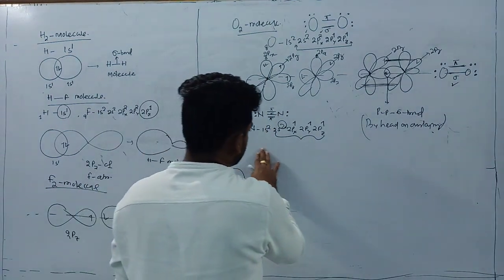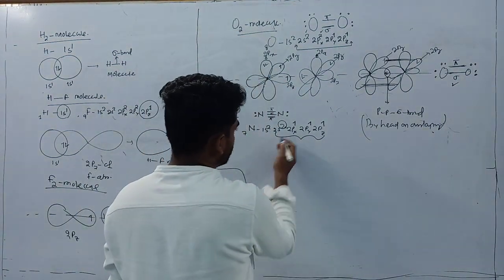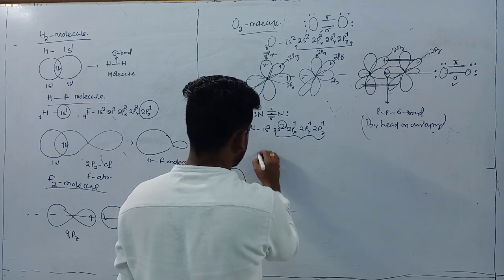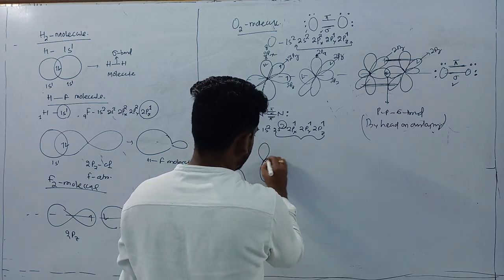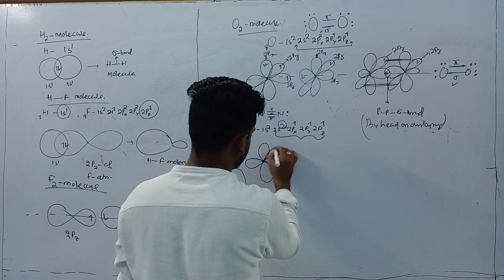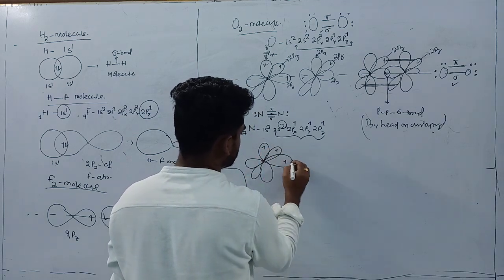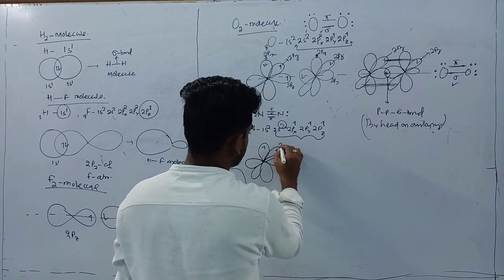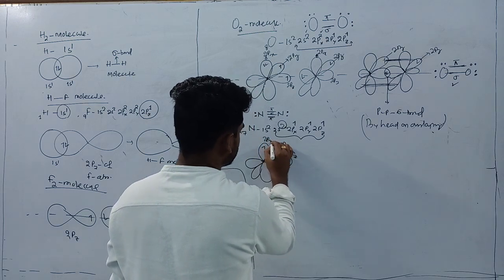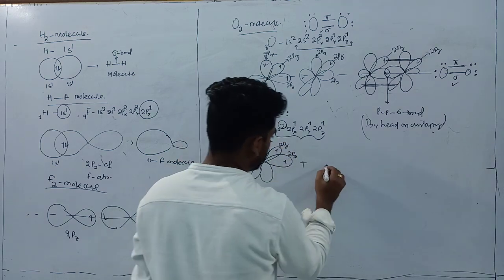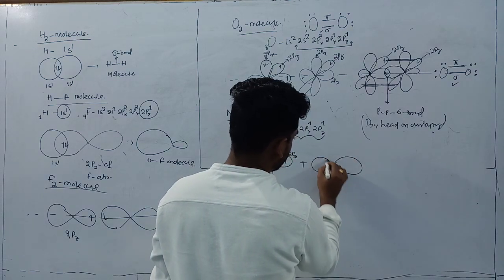So here is the formation of a dinitrogen molecule. You can consider one nitrogen. This one is 2pz, 2px, and this one is 2py. Okay, each having one unpaired electron. Another nitrogen atom can be like this.